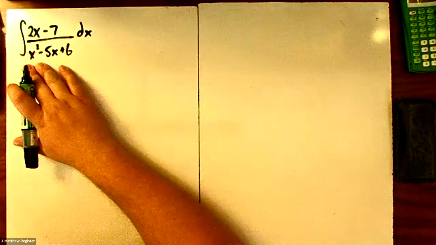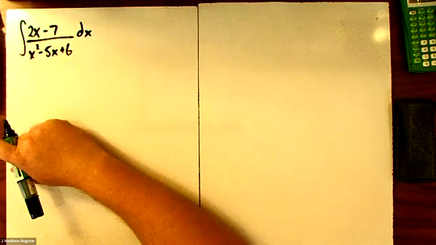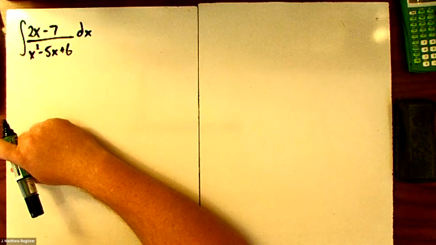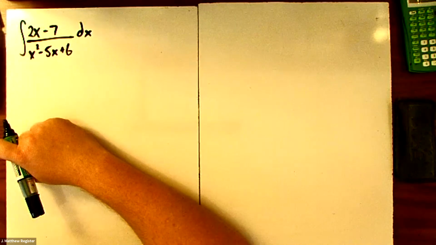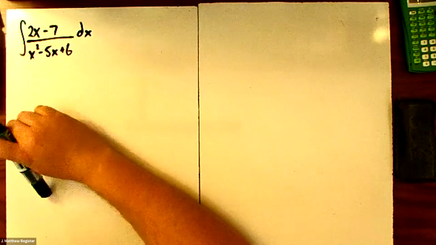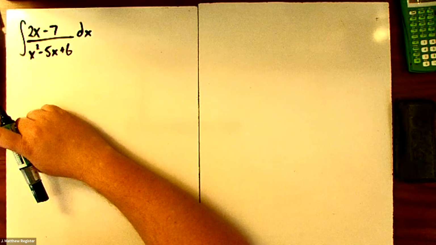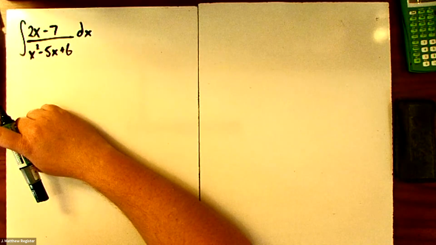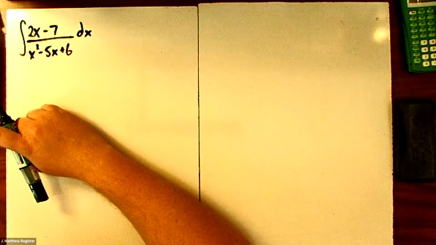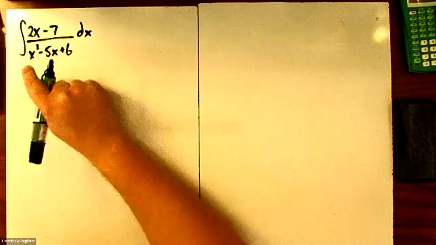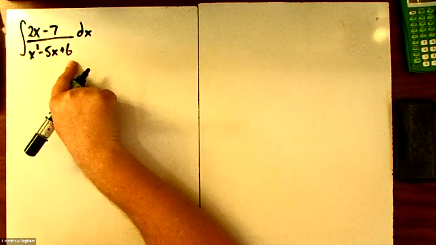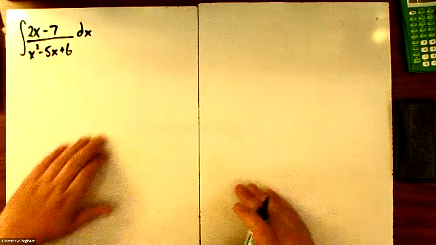And so looking at this, it's not a very nice thing to integrate. We could try a u-substitution. It's not going to work great. And so we might want to just try this partial fraction decomposition. Looking at our denominator, the denominator factors very nicely.